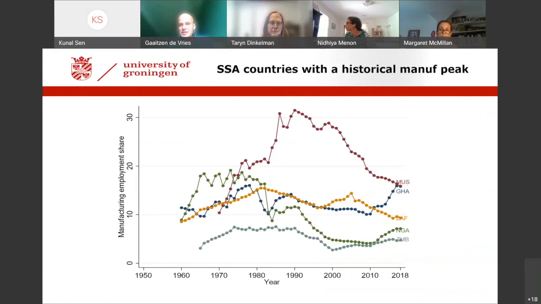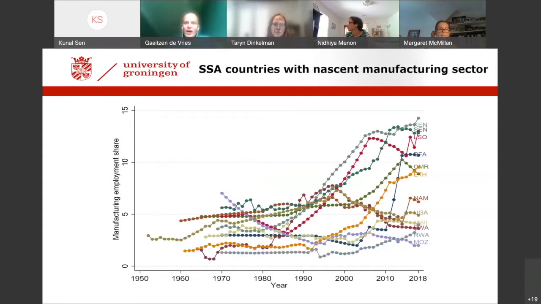But what's interesting to note is that several countries appear to be experiencing what we call a manufacturing renaissance, in the sense that if you look at Ghana and Nigeria, in recent years there's been a reversal in this declining share of manufacturing employment and in fact a fairly rapid expansion in their manufacturing employment shares. And for Ghana, it is close to or maybe exceeding its historical peak.